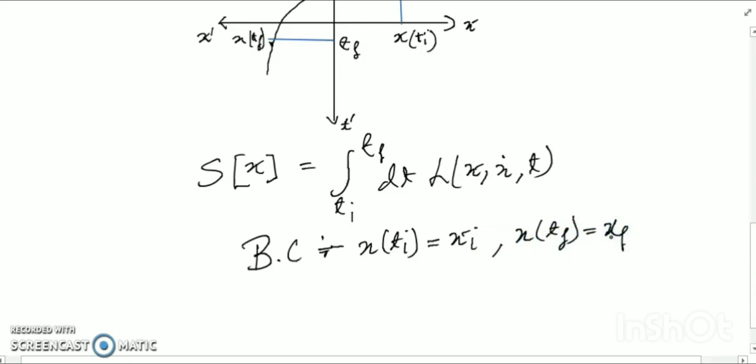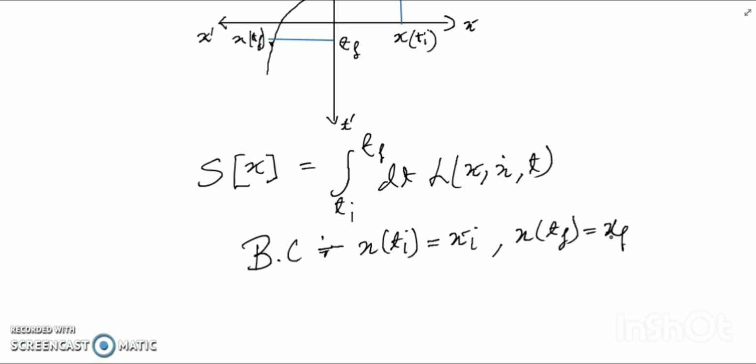When you do this integral, you have to calculate the Lagrangian at a particular time.